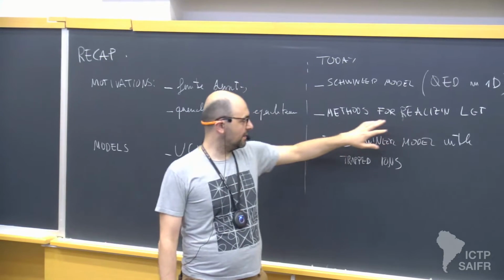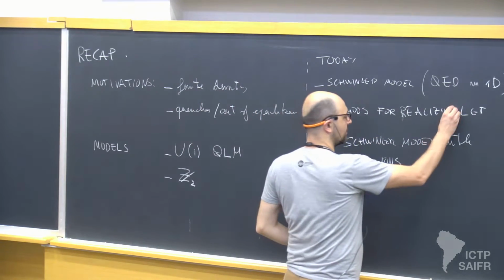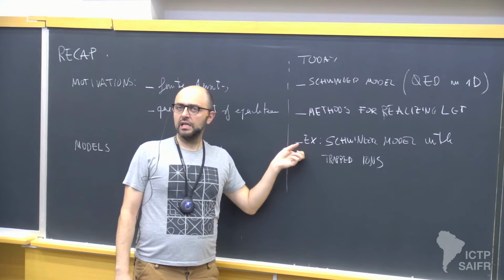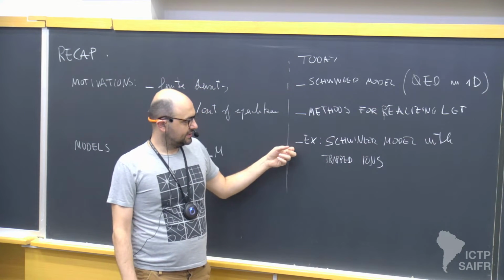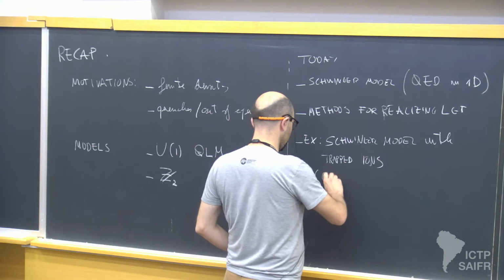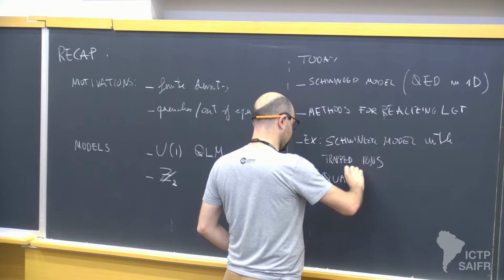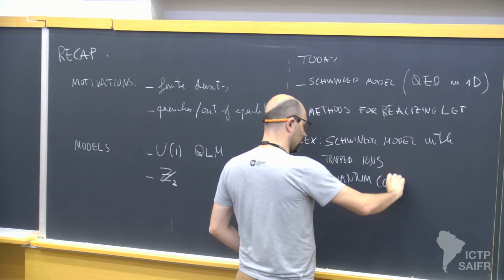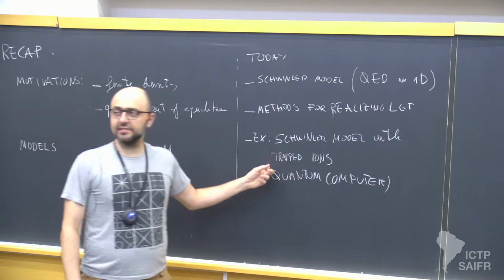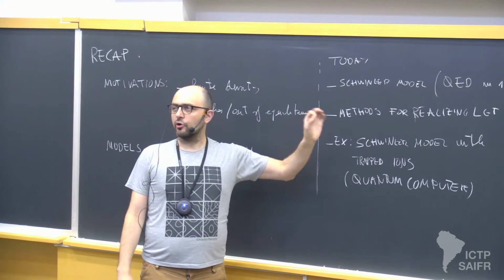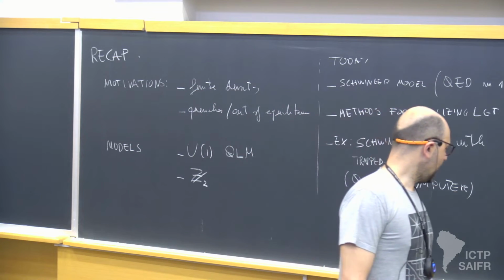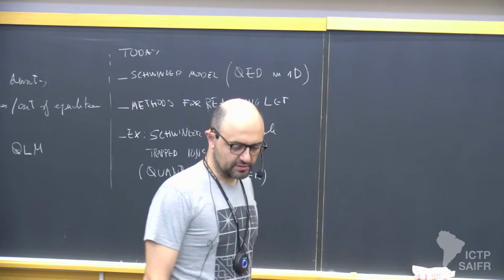These are really more theory methods. And then we will see a concrete example, which is the realization of the Schwinger model with trapped ions in a digital quantum simulator, a quantum computer, which has been, I would say, the first experiment which has really put a connection between particle physics and quantum computing and quantum simulation. Okay?